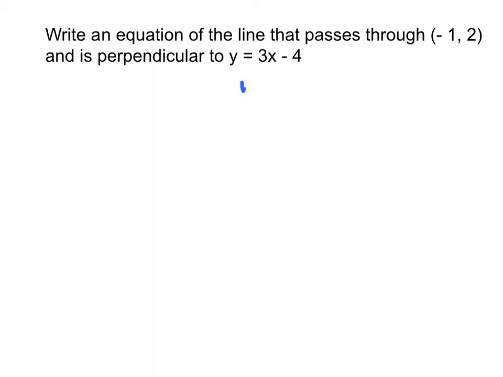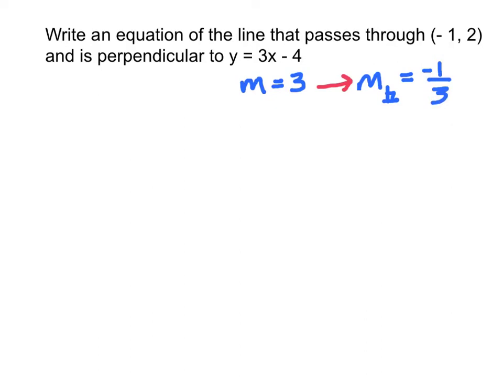So if the slope of this line is equal to 3, then the slope of my line that is perpendicular to this line, my perpendicular slope, will be equal to -1/3. What I do is I actually flip the ratio, right? 3/1 becomes 1/3, and I take the opposite sign. So since this one's positive, I'm going to use a negative.